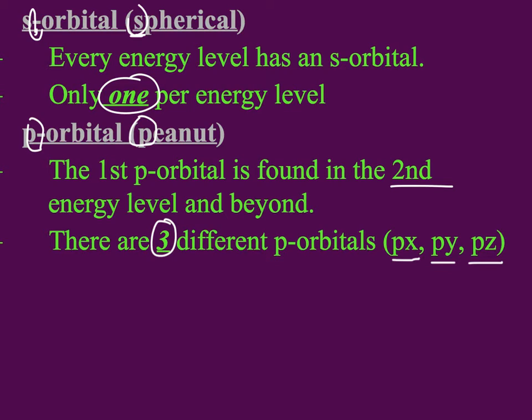So every energy level, we're going to be adding on a different sublevel, all right? So the first energy level can only have an S. Then the second energy level will have an S and a P, okay? So once you find the P's coming into the second energy level, there are 3 different P's, all right? There are 3 different p orbitals, all right? And then now, let me show you what they look like.